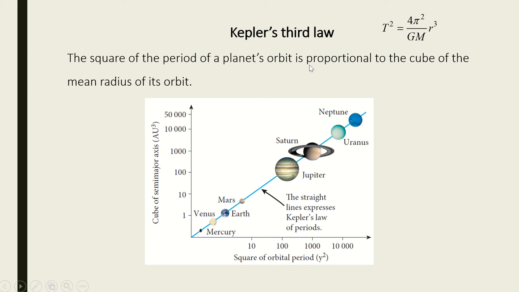So all the planets in our solar system follow this. Orbital period squared is directly proportional to the mean radius cubed. And that's Kepler's third law.